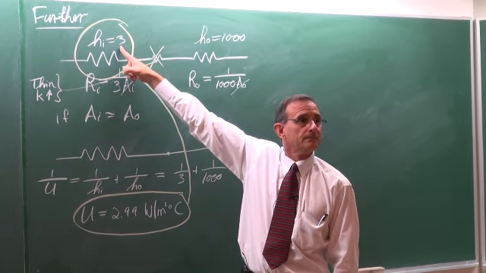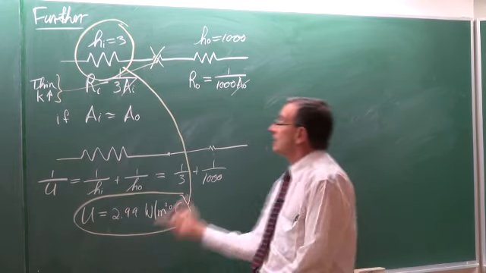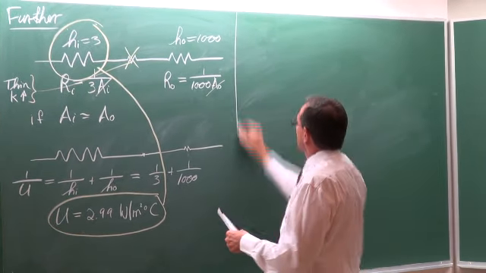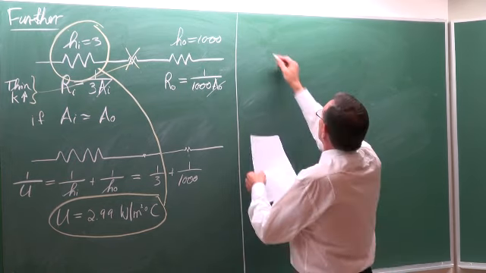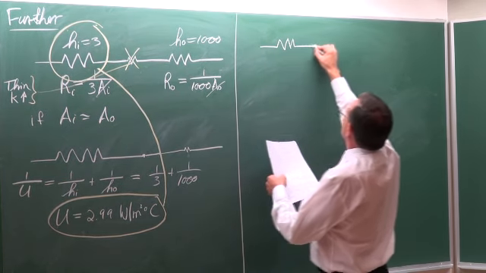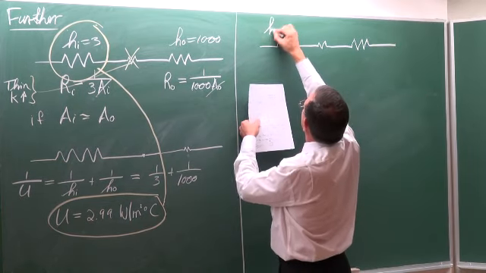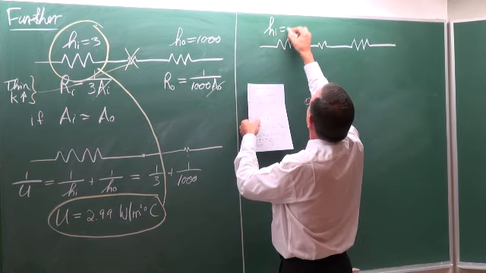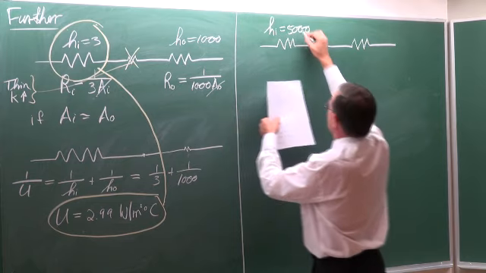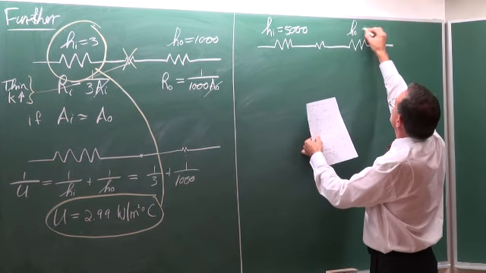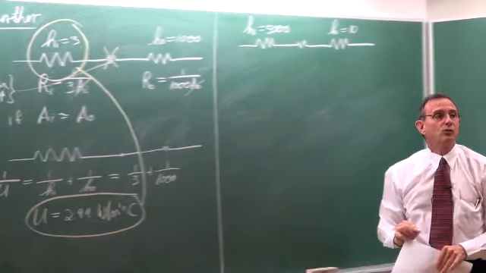You see? Okay. Let's do the opposite. Let's look at a case where the heat transfer coefficient on the inside is equal to 5,000 and the heat transfer coefficient on the outside is equal to 10.